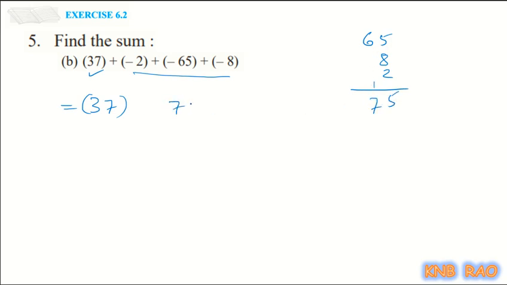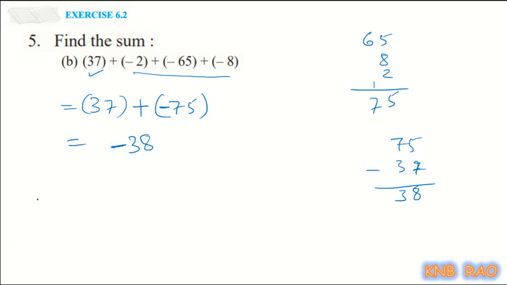So, we have 75 with the minus sign to be added to 37. Now, amongst these, 75 is bigger, and 75 is bigger than 37 by 8 and 3, so 38 steps more than 37, this 75, and its nature is minus, and minus comes as the sum of these numbers.